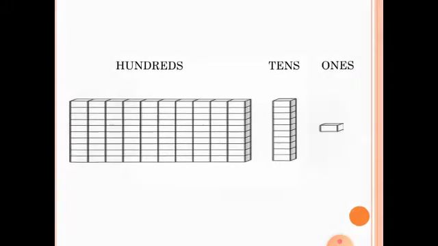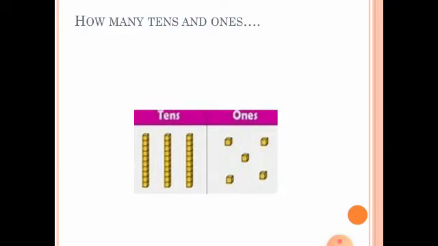Okay, here you have two columns, ones and tens. In the column of ones there are 5 small blocks, and in the column of tens there are three rows of 10 blocks in each.